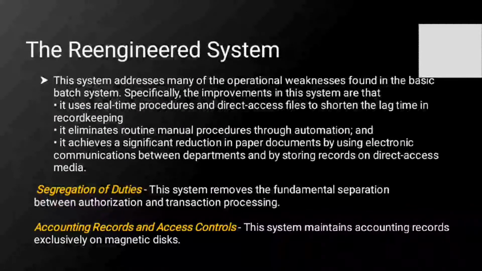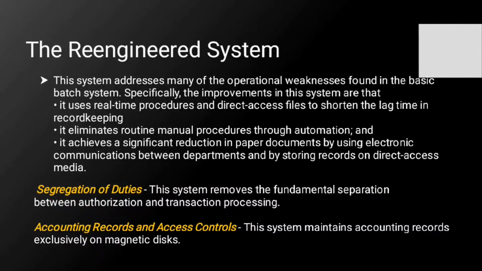Next, the engineered system. This system addresses many of the operational weaknesses found in the basic batch system. Specifically, the improvements are that it uses real-time procedures and direct access to reduce lag time in record keeping.